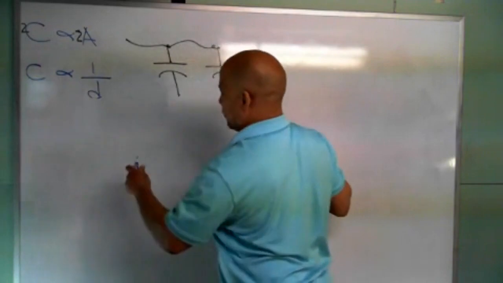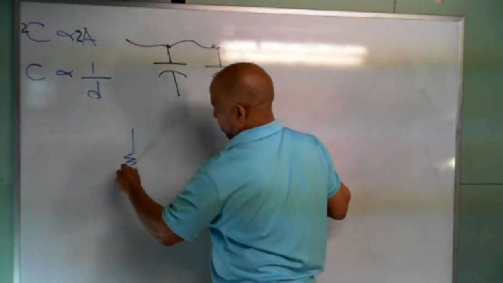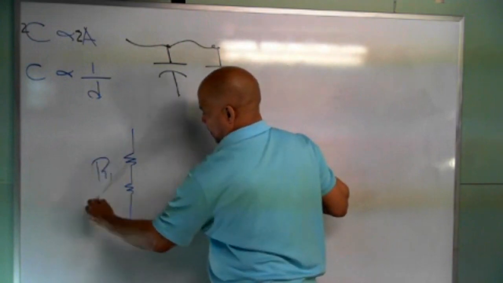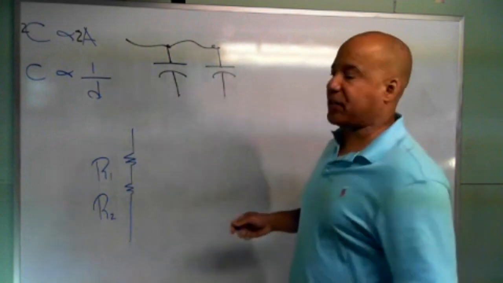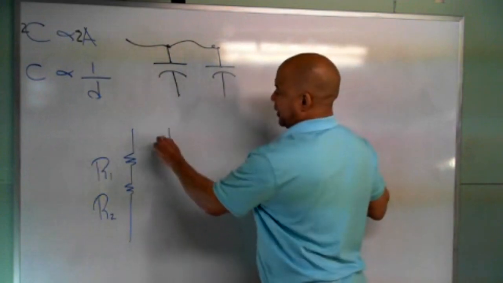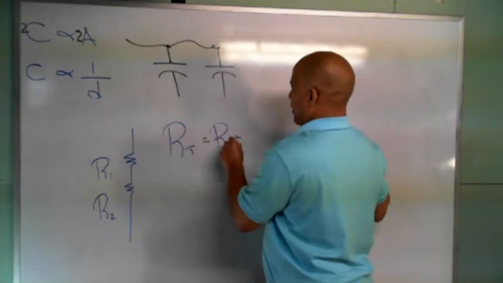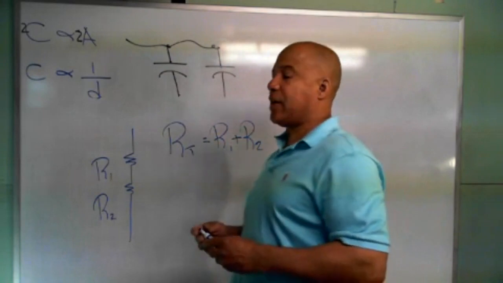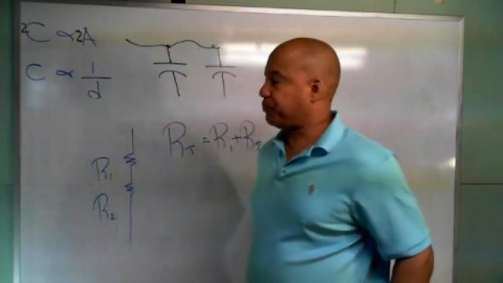If I have my resistors in series, R1 and R2, and I say, find the total resistance, you're going to tell me that RT for this circuit is R1 plus R2. If I have resistors in series, I get the total resistance just by adding them up.